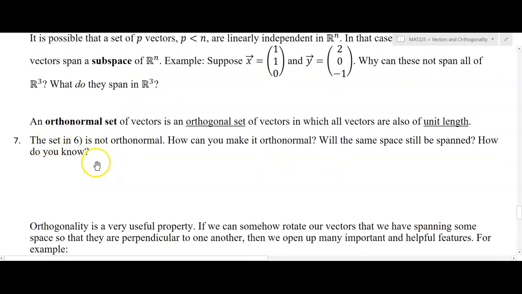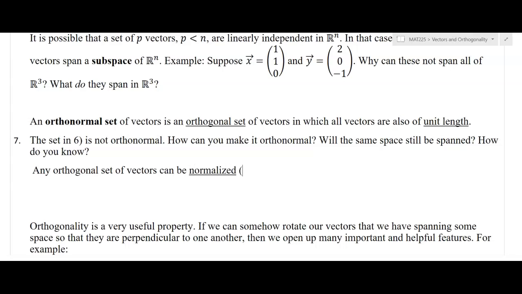But basically, any orthogonal set of vectors can be normalized, meaning made to be unit length, by dividing each vector by its length.